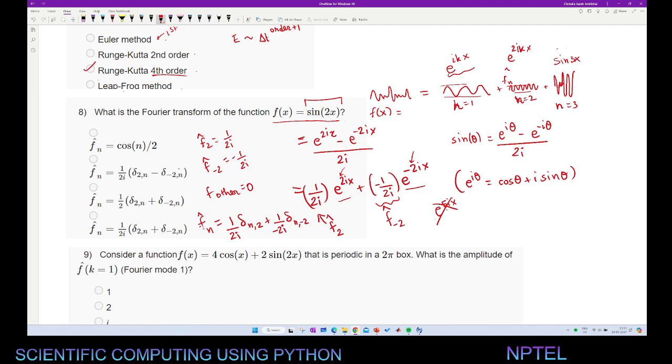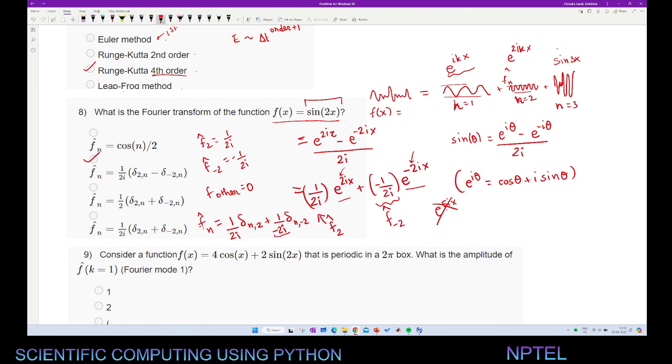So which one is the correct answer? 4. Will it be 4? 2. Yes. Yeah, 2. Correct. Okay, because there is minus here, minus 2i.